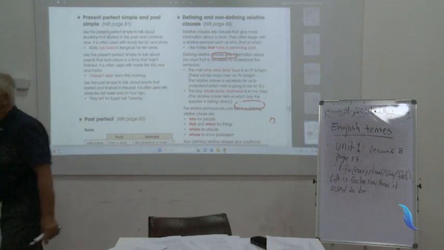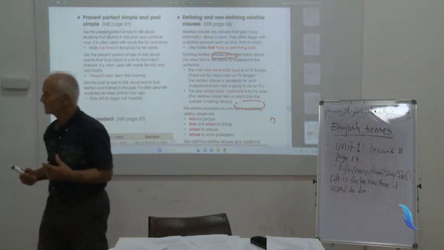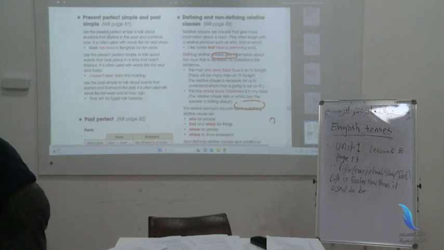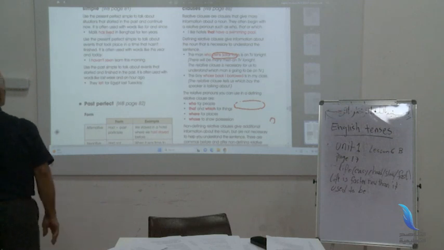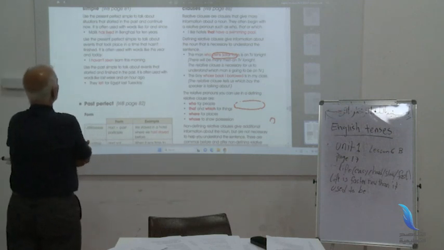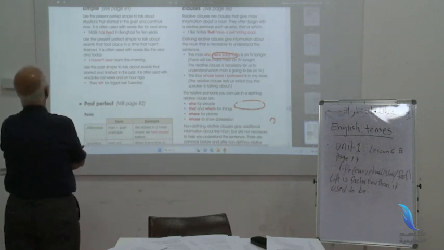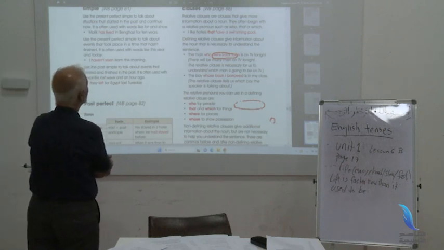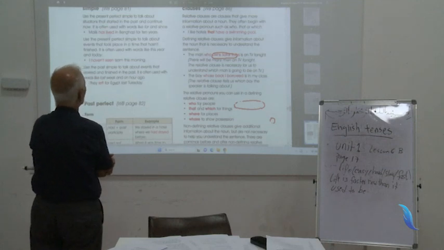Now, what happens when we see two tenses together, like present perfect simple and past simple? What is the relation between the two? We use the present perfect simple to talk about situations that started in the past and continue now.